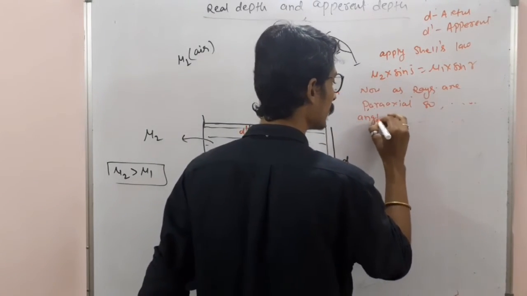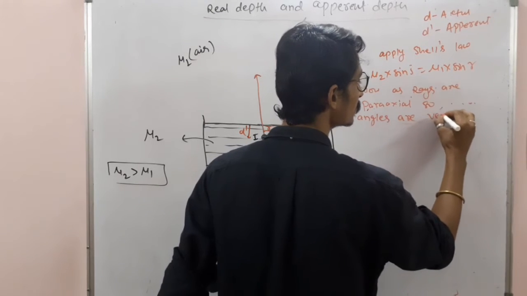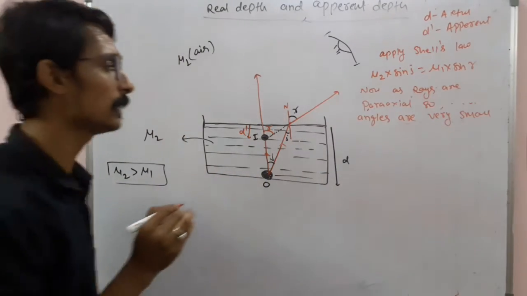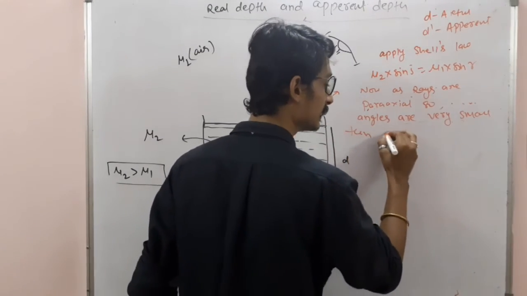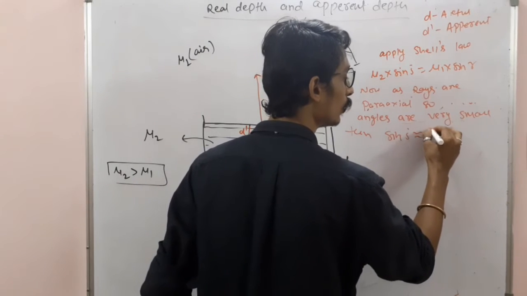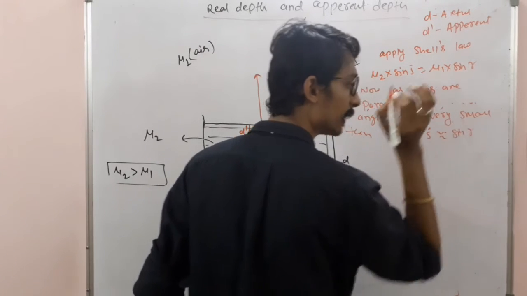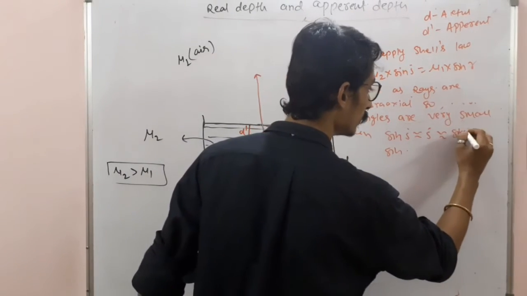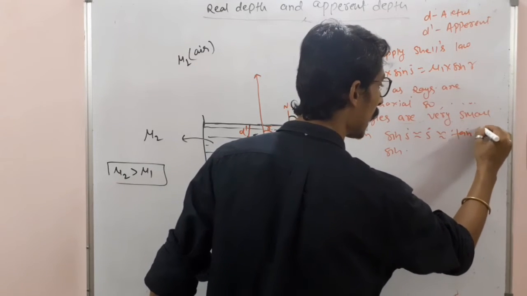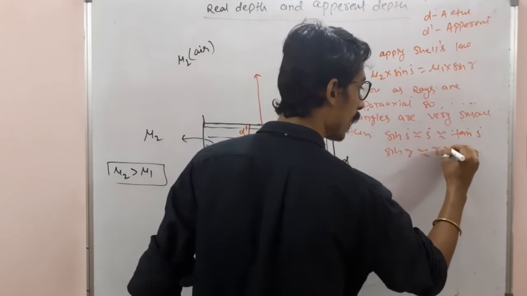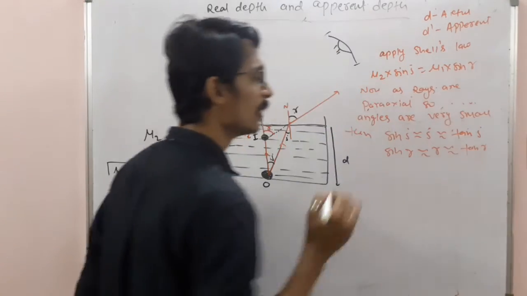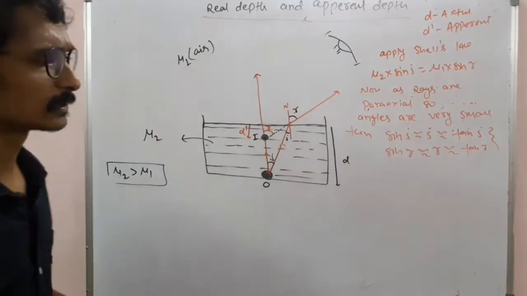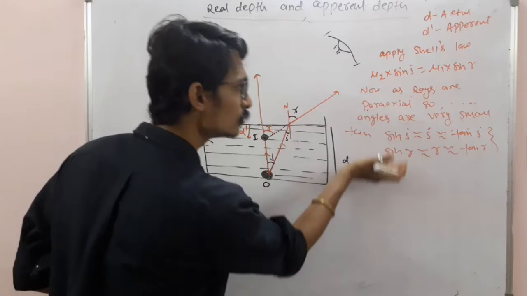When the angle becomes very small, sin i is nearly equal to tan i, and sin r is nearly equal to tan r. When angles are very small, we can use this relation anywhere. So just replace this.